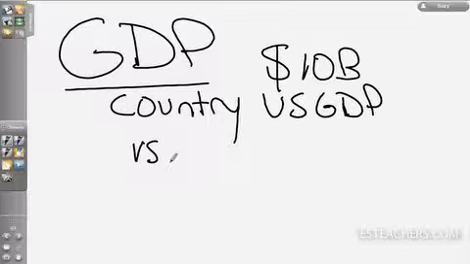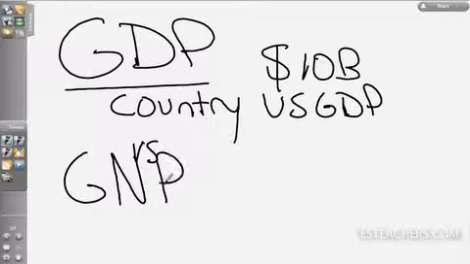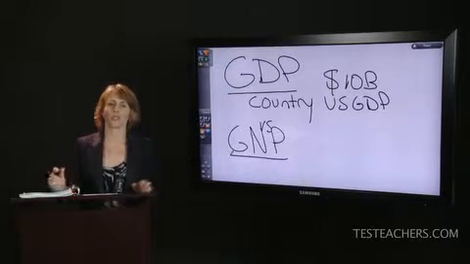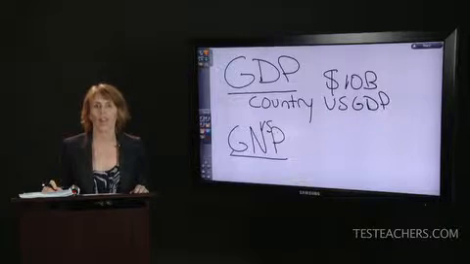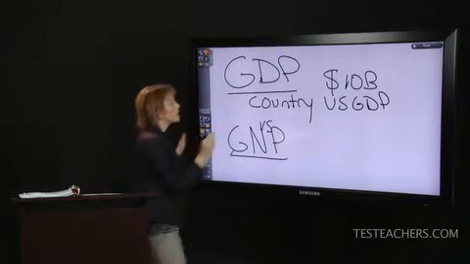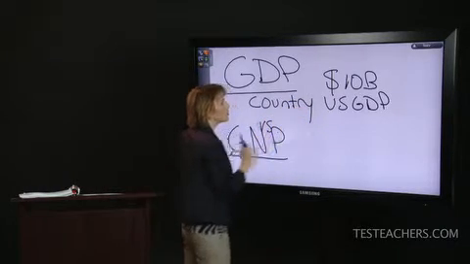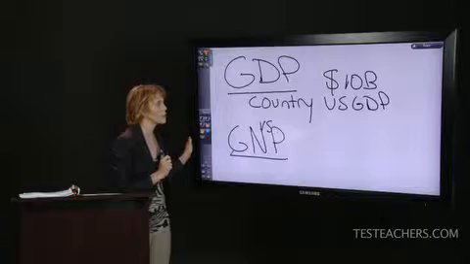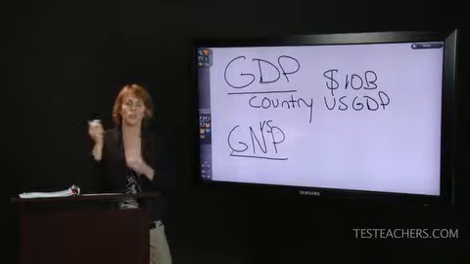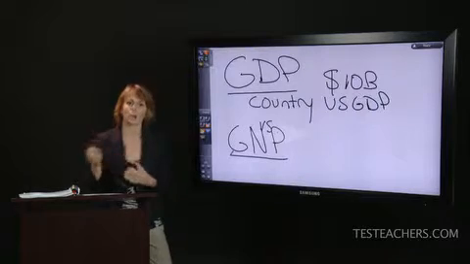This concept of GDP versus GNP is something that they want you to know on the test. GNP is the value of goods and services produced by citizens of a country. So be very careful here on the test. This $10 billion that was produced at the automobile manufacturing facility in Georgia is a company owned by a company out of Korea.